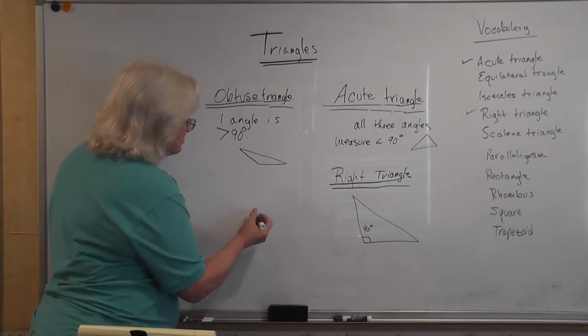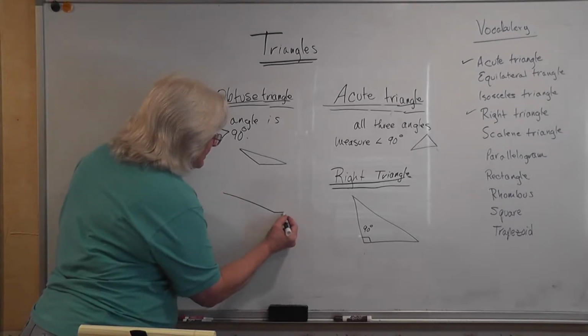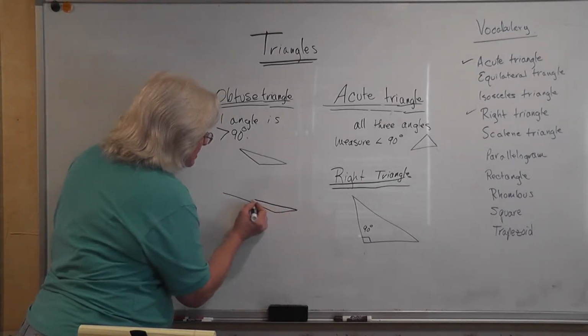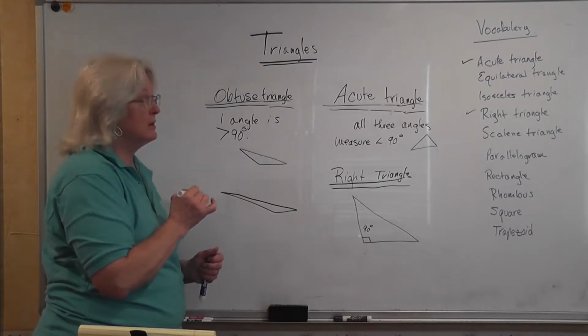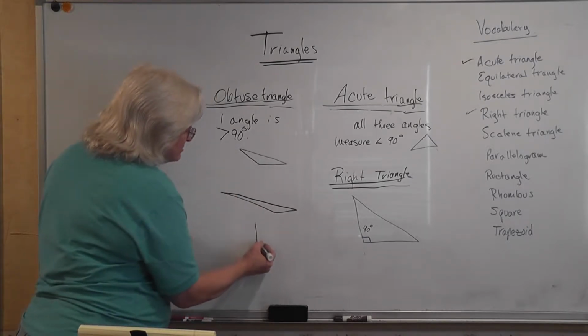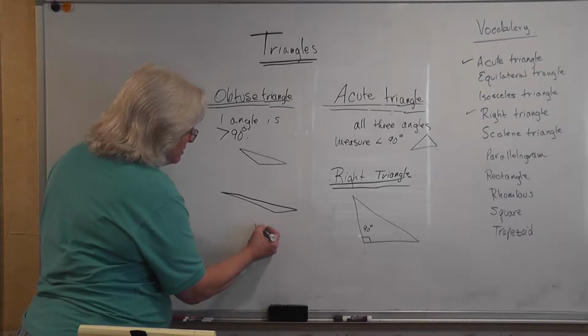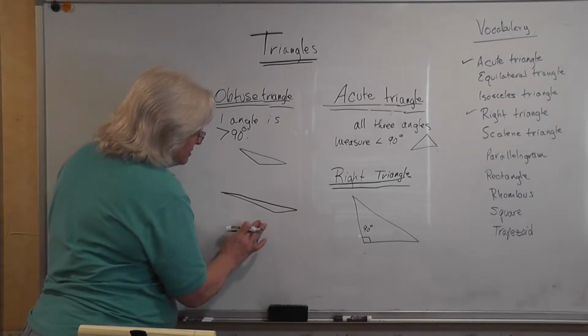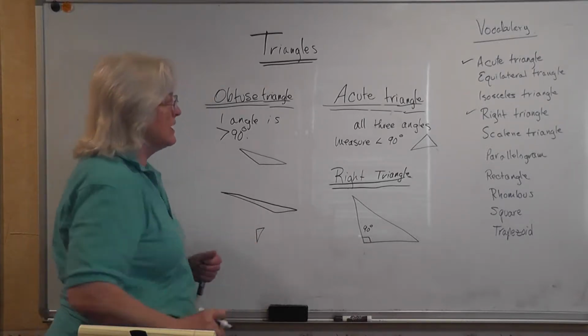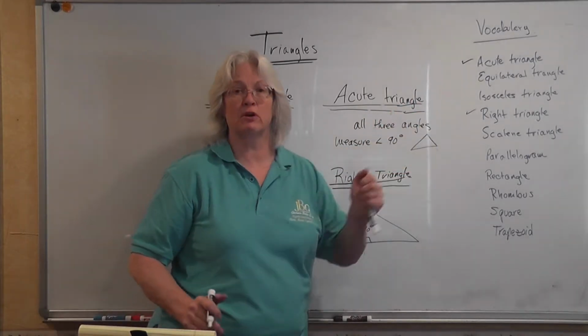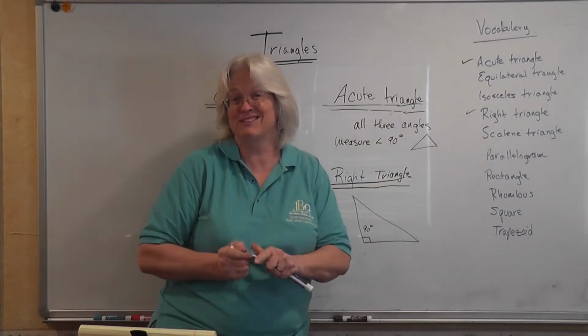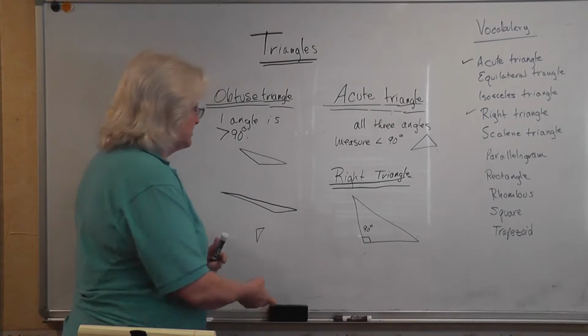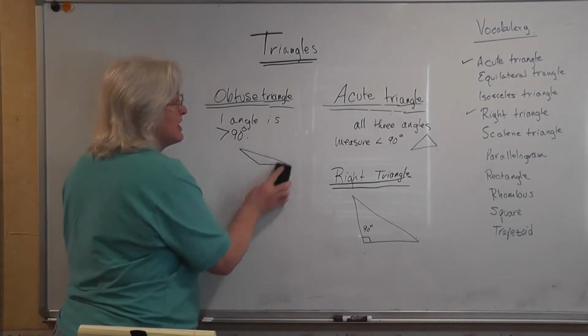It could be a triangle that has a really big angle and then some small ones. The angles could be similar to one another, but not the same. With the scalene triangle, all of those angles are different, and it's difficult to draw a scalene triangle. You just have to recognize that they're different shapes.